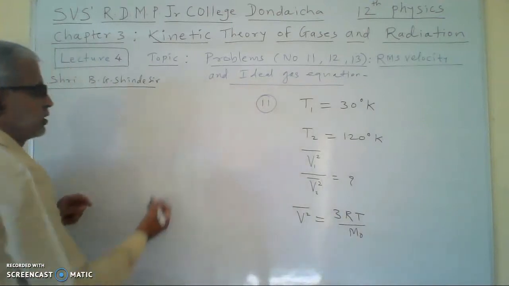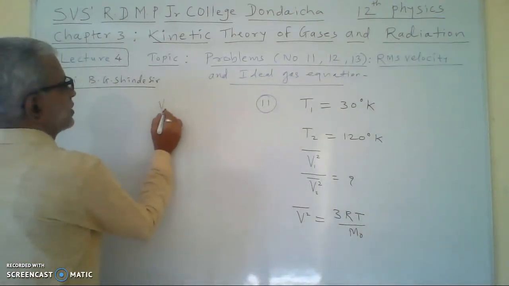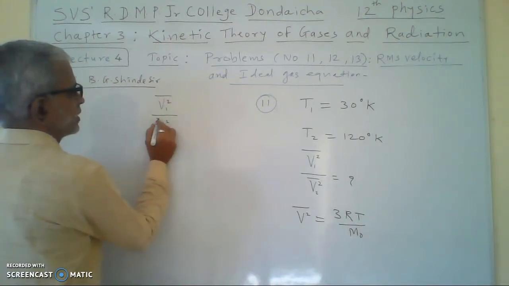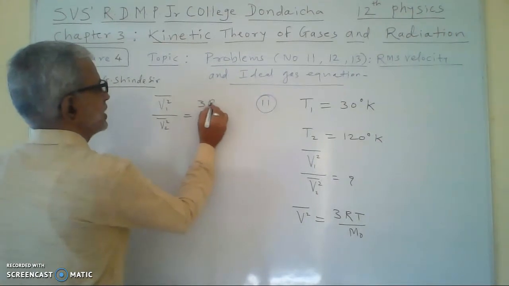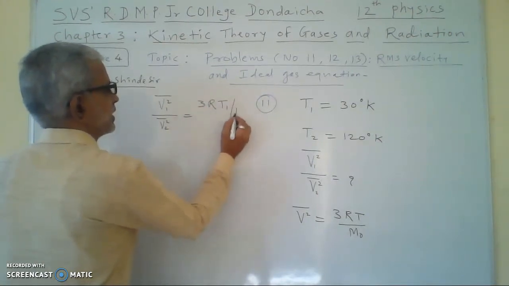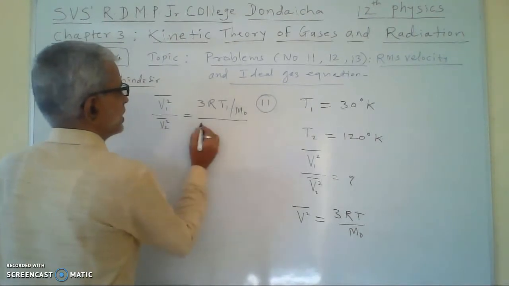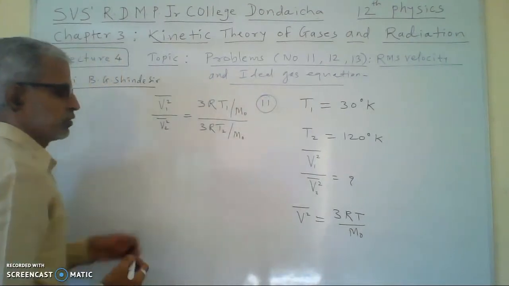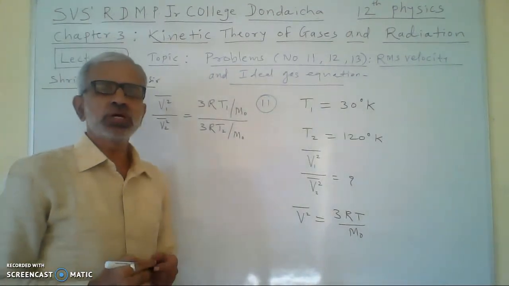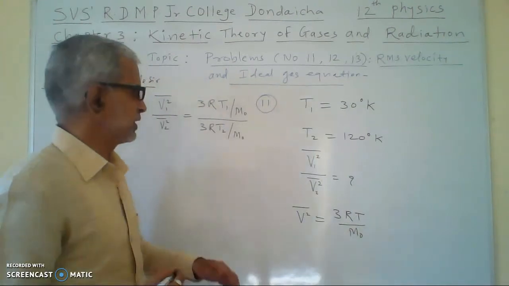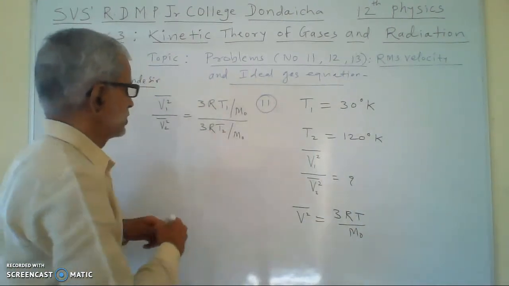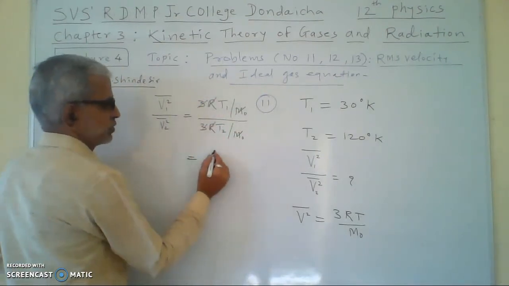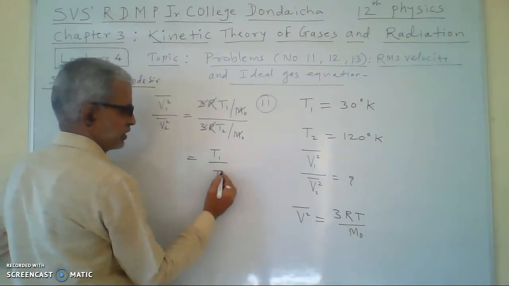So we can write V1 square bar divided by V2 square bar is equal to 3RT1 divided by M0 upon 3RT2 divided by M0. Now this M0 is molar mass and it is constant for a given gas. R is also constant, so these factors will get cancelled and it is equal to T1 upon T2.